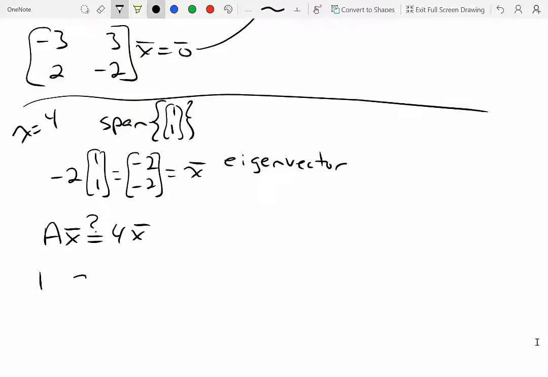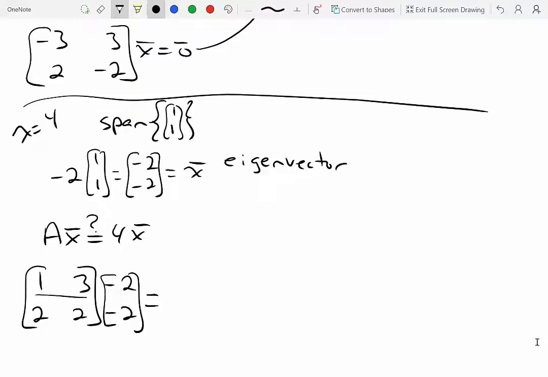A was 1, 3, 2, 2. And if I multiply that by -2, -2, then multiplying this row by this column will give me 1 times -2 plus 3 times -2. That's going to be -2 minus 6, which is -8.